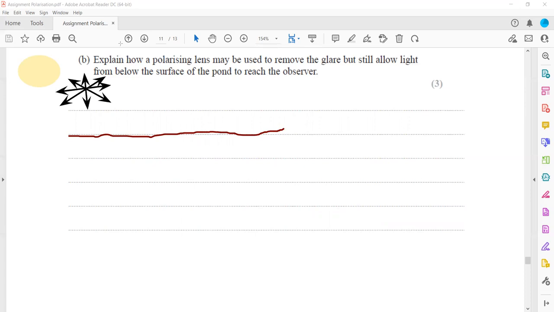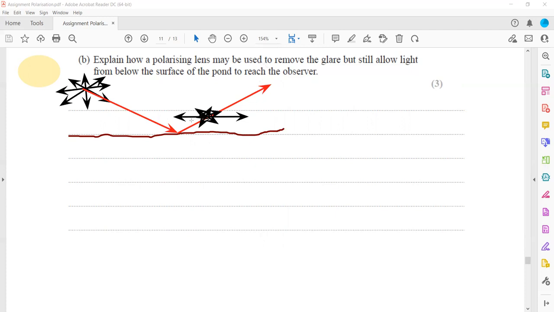But when this light is reflected from the surface, due to reflection the light can be polarized. This is partially polarized. Partially polarized means most of the components are reduced. There is only one component which is left. Others are there, but this is called partially polarized.